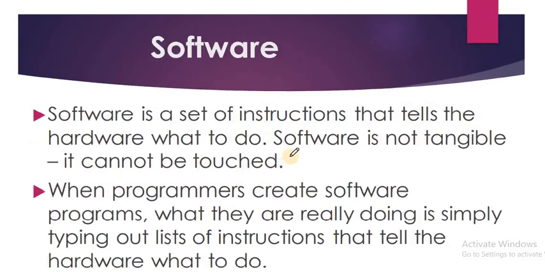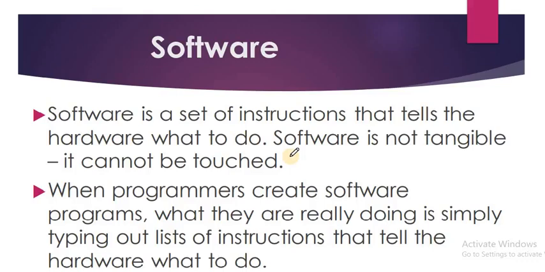I know most of you have heard the word software. Oh, where's my software? Oh, I want to go and collect my software. A software is a set of instructions that tells the hardware what to do. Hello? Am I making sense to you?